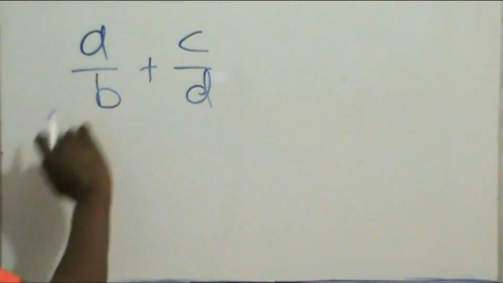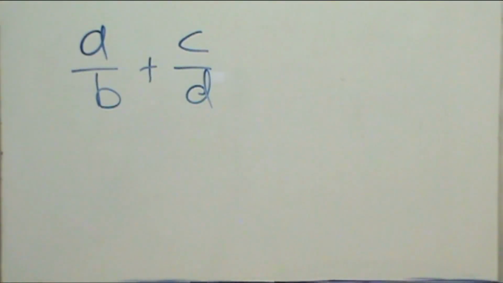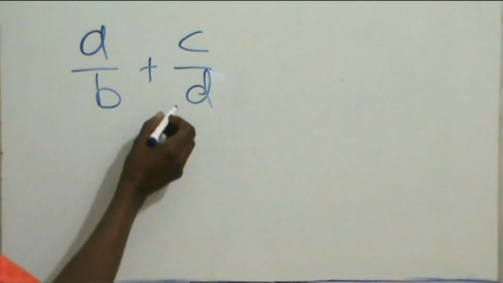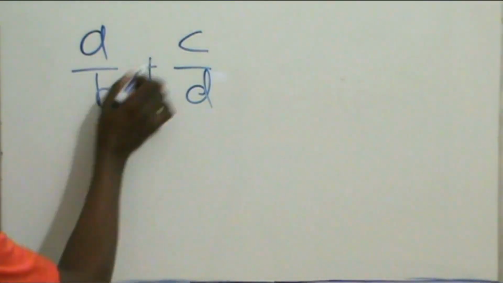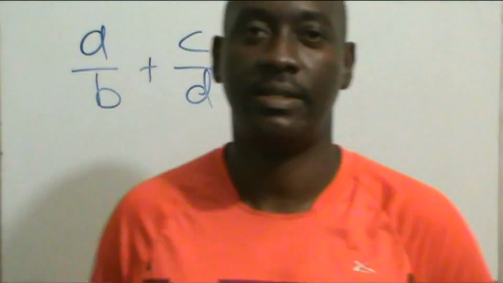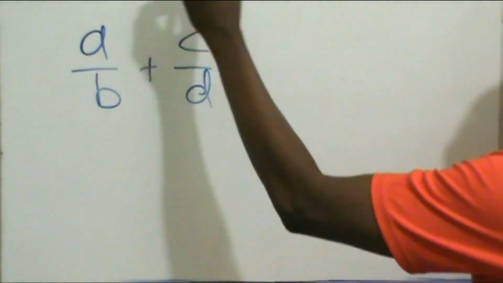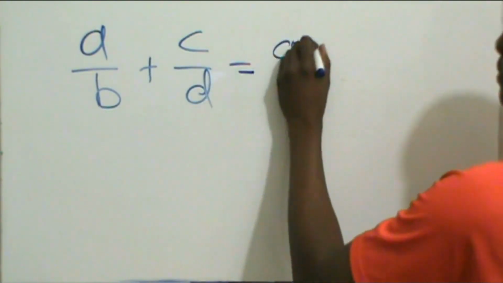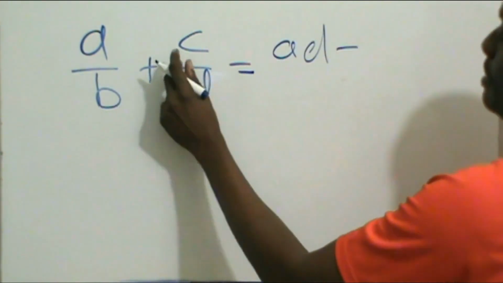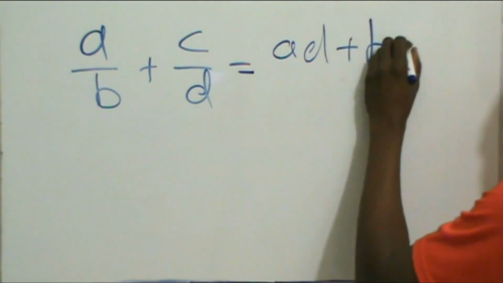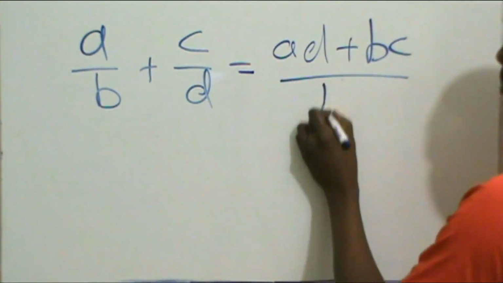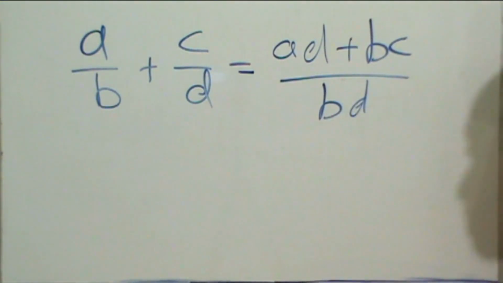If we want to express this as a single fraction, meaning one numerator, one denominator, as I tell people all the time, you cross multiply across the sign. So it will be a multiplied by d plus b multiplied by c, over, and then you multiply the two denominators at the bottom, b times d.